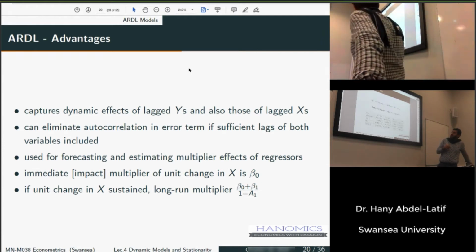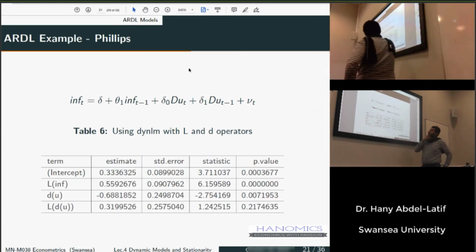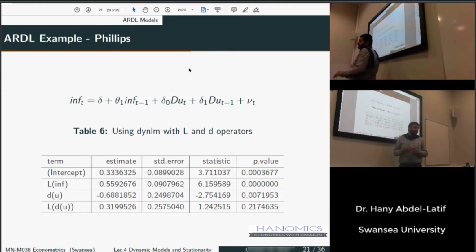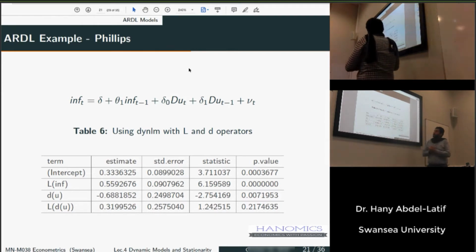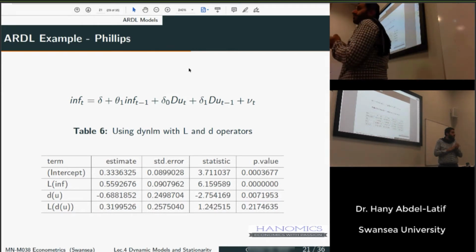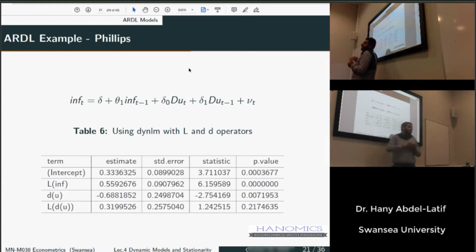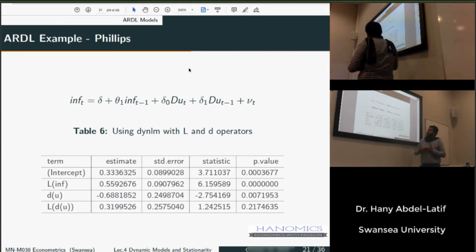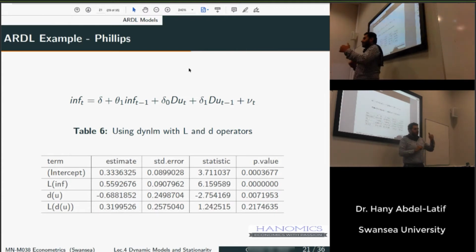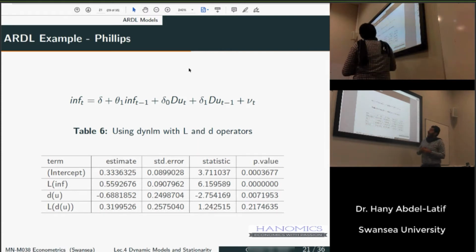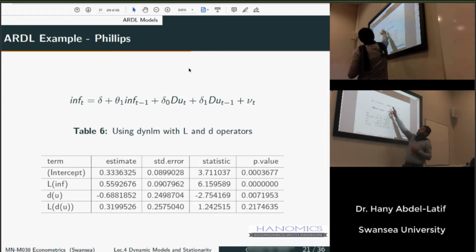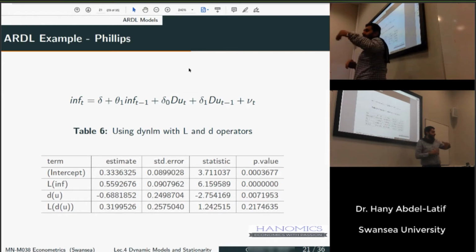So let's have a look at some example. This is a very simple example of inflation. The inflation rate in time t depends on the inflation rate in time t minus 1, so remember that's Yt minus 1, and it depends on the unemployment rate in time t and the unemployment rate in time t minus 1.